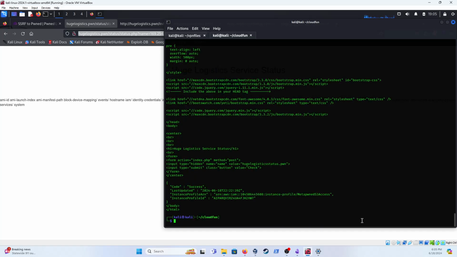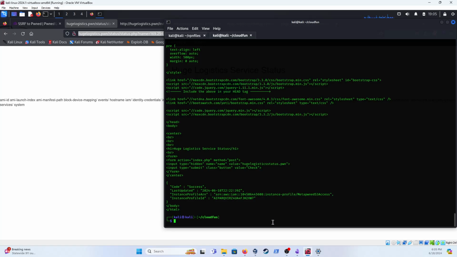So let's check it out, and bam, we do get some IAM information here with the instance profile of pwned S3 access. All right, so kind of like a good demonstration here of the workflow of AWS.